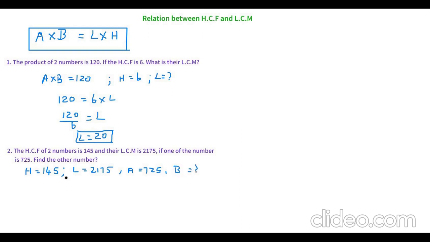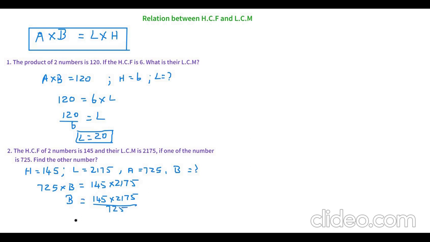So we will use the same formula. We know what is A, which is 725 times B equals 145 times 2175, H times L. Product of two numbers equals the product of the LCM and HCF. So here B will be equal to 145 times 2175 divided by 725.